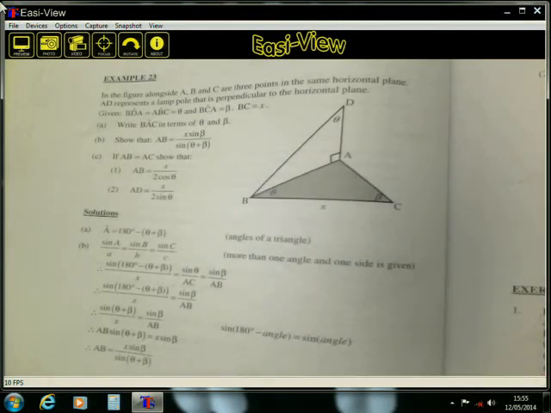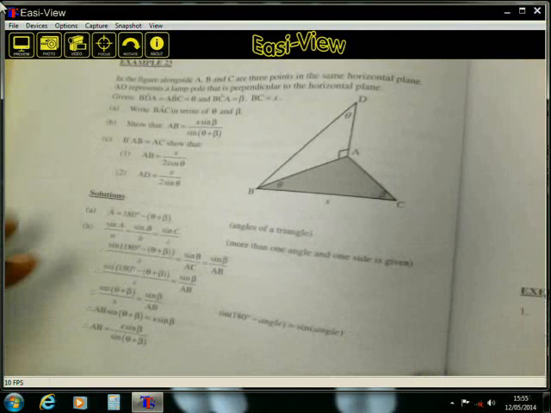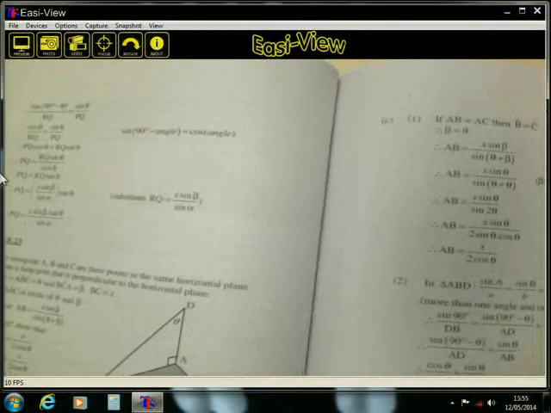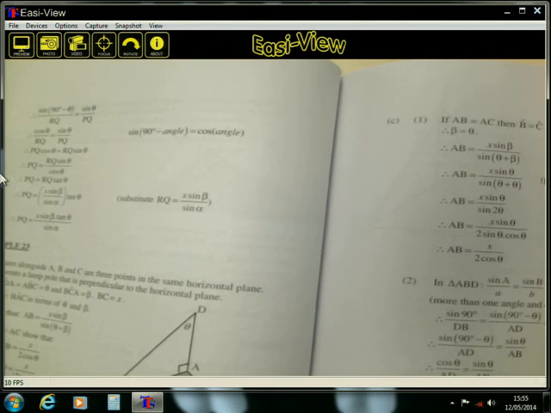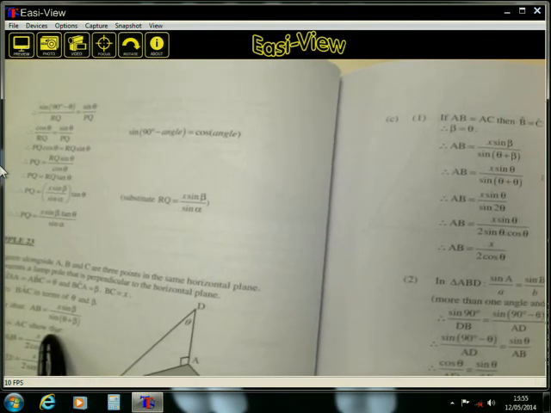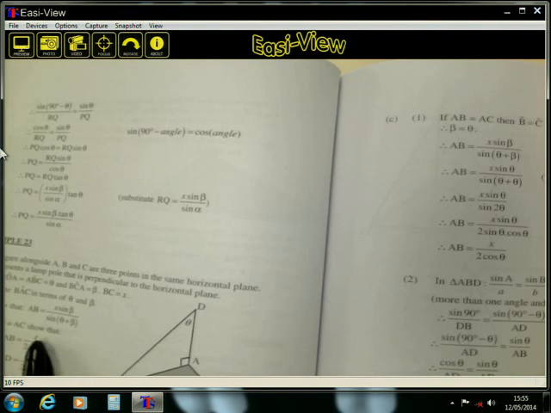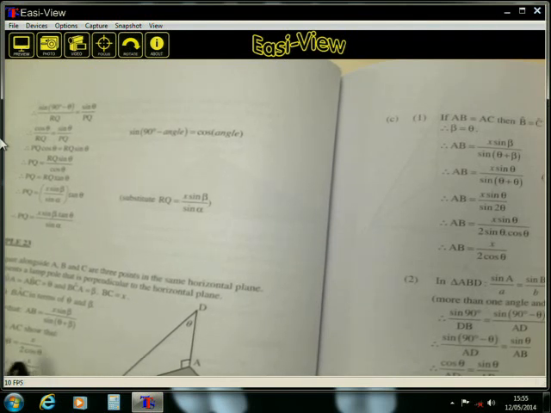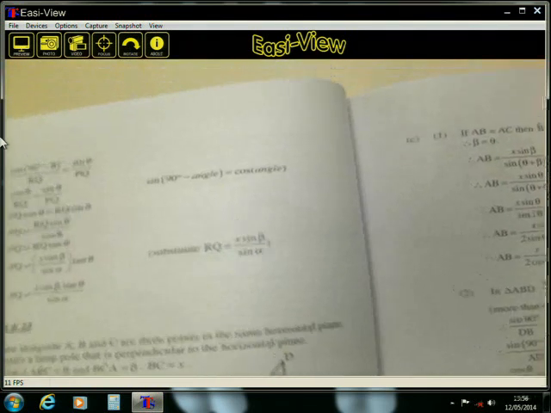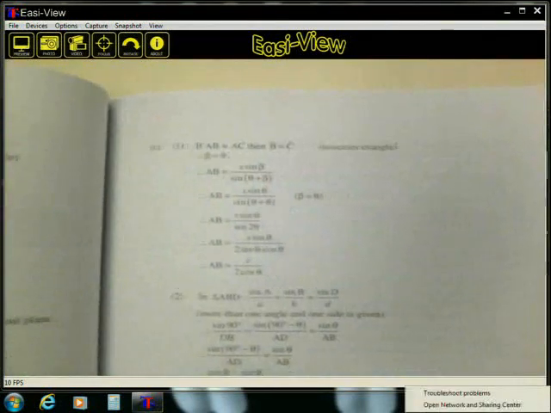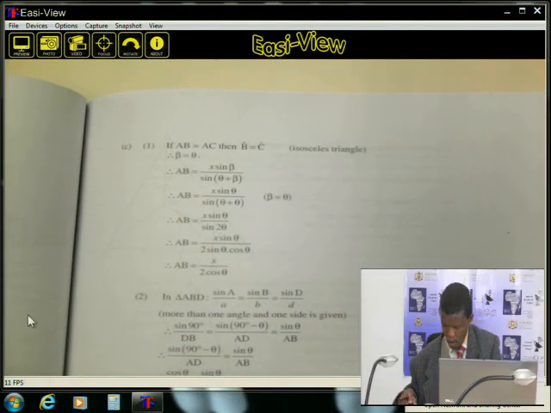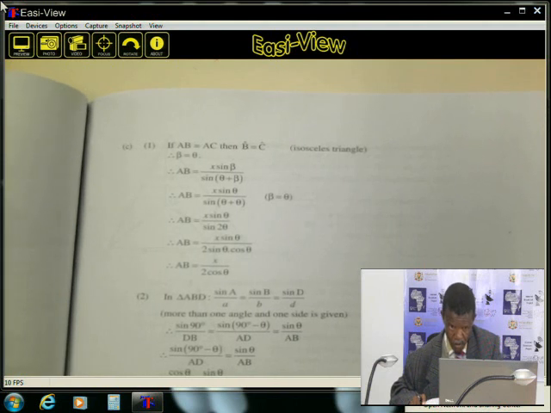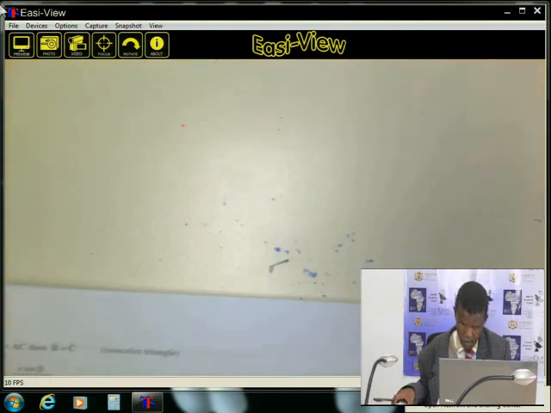Once again, that's number B. Now AB equal to AC. Show that AB equal to x over 2 cos theta. Let's look at it from this.